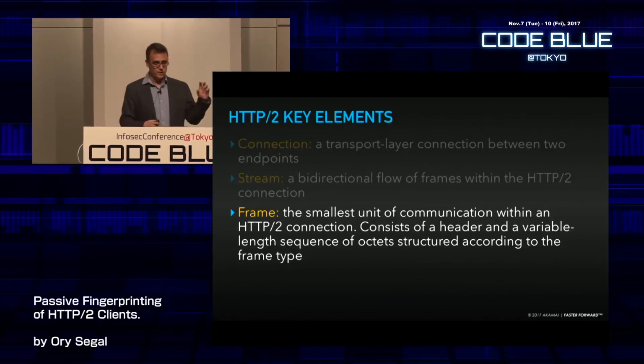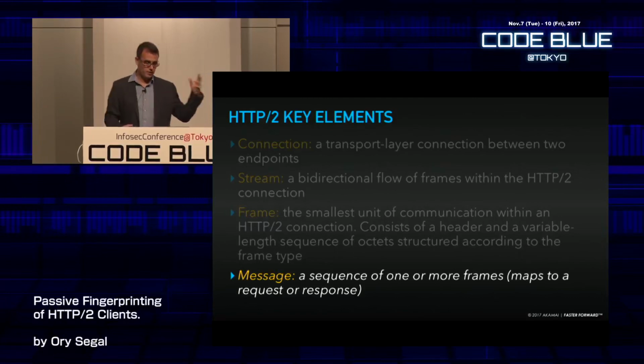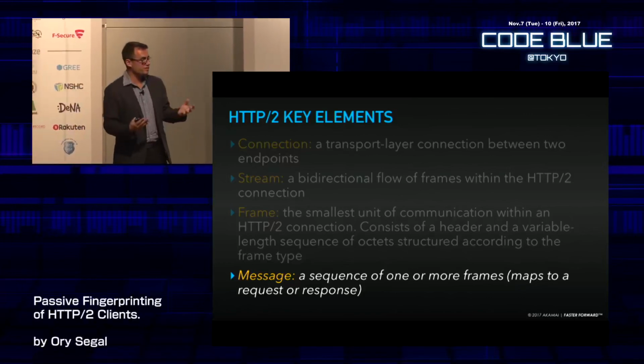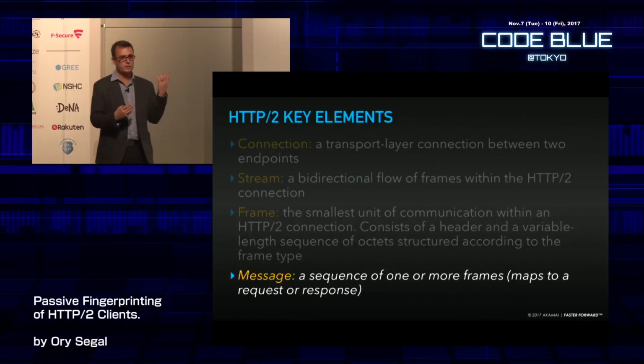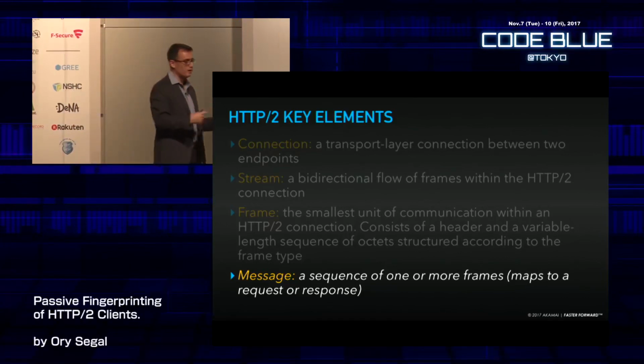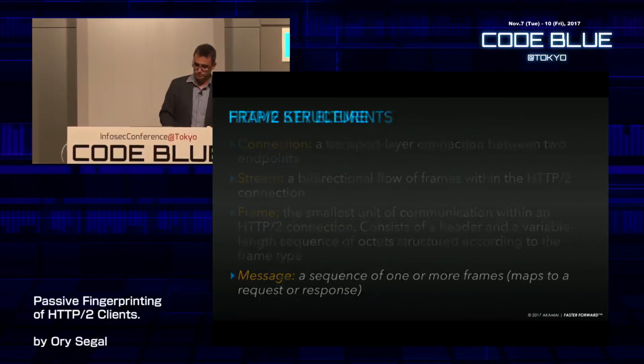And the frame consists of a header part and then the actual payload. And if it's hard to comprehend, I'll show you a graphical example of it. And a message is not something that actually exists. It's not mentioned in the RFC. A message is basically what you know from HTTP 1, where I send a GET request or a POST request, and I get a response. So a request or response, that's pretty much a message.